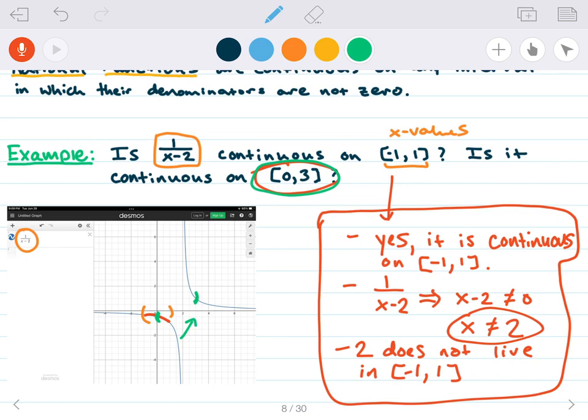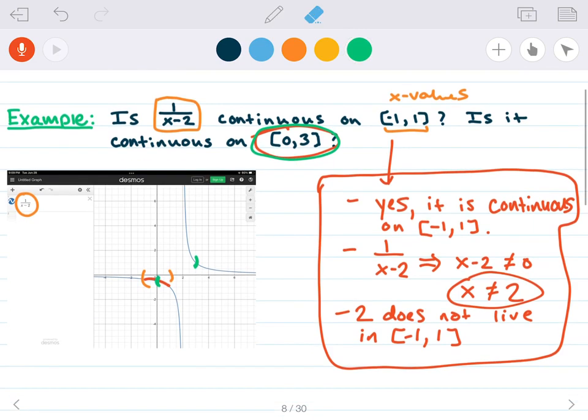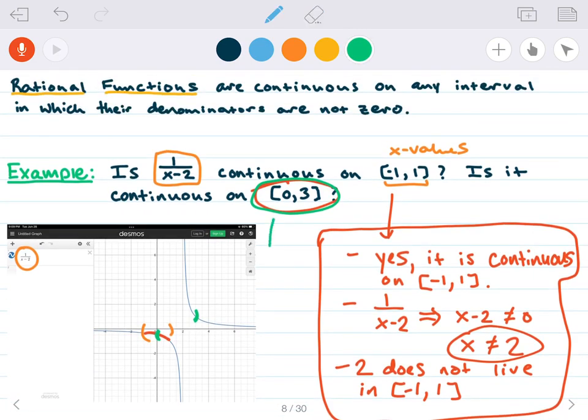So this isn't one continuous motion. We have to pick up our pencil. So this is not continuous on this interval, and that's because 2 lives in that interval from 0 to 3.